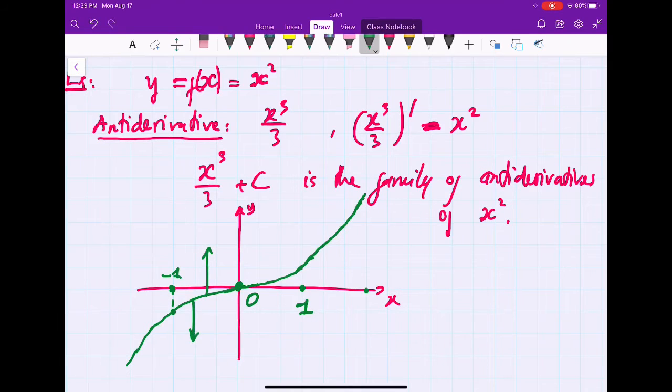Does that make sense? If c is positive, we just get another function by moving this graph up by c units. Is that correct? So basically all these form a family of such curves. They are just different in the constants.